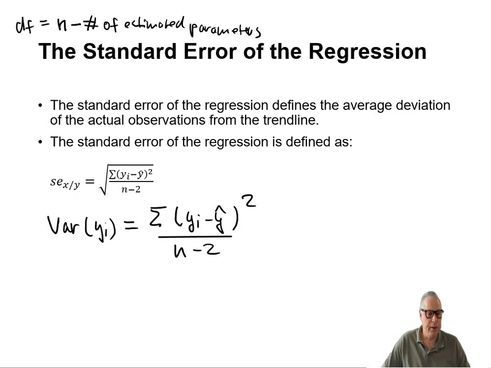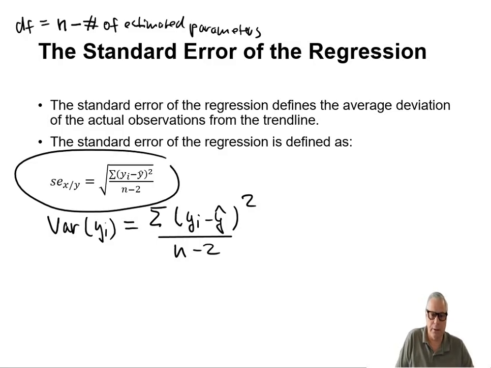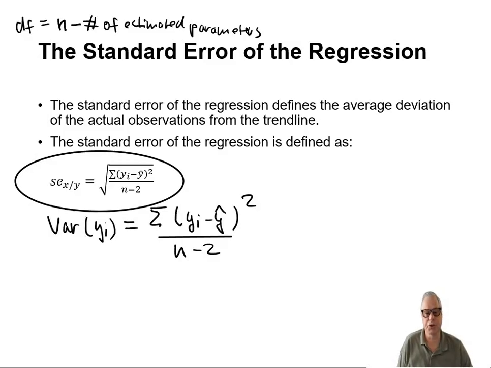So now we already know the standard error of the regression, which is just the square root of the variance of the regression. And that will become part of the standard error of the slope coefficient and the standard error of the intercept.